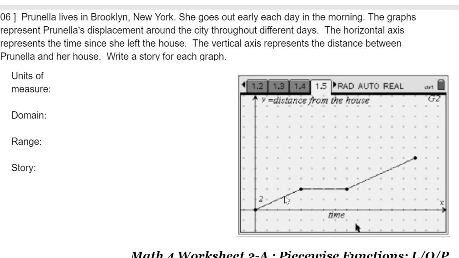So she went somewhere slowly for the first 1, 2, 3, 4 units, and then stayed 1, 2, 3, 4 units, and then 1, 2, 3, 4, 5, 6. So the domain is going to be from 0 to 14. And this goes up this far, 1, 2, 3, 4, 5, and they're worth 2 apiece. So the range goes from 0 to 10.